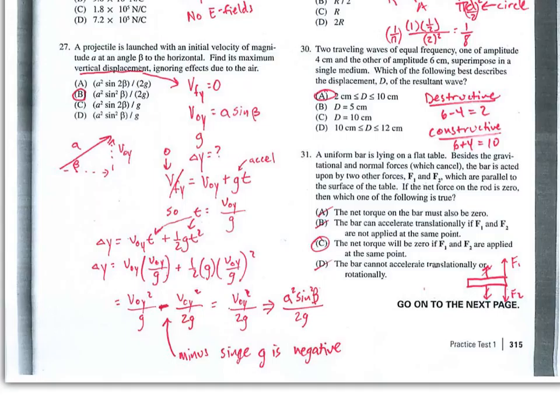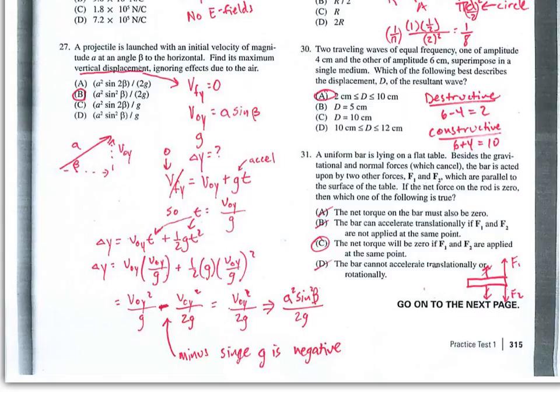We can use that, also knowing the acceleration of gravity, to come up with an expression for the time. The time is equal to v naught y, the initial vertical velocity, divided by gravity. Then to find the maximum displacement, that's our delta y, or delta x if you want to think of it that way.